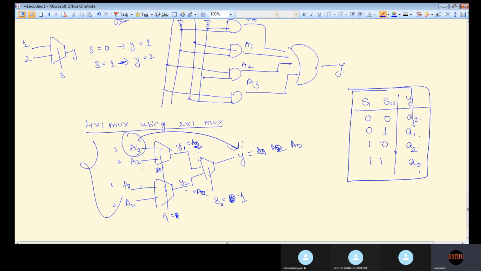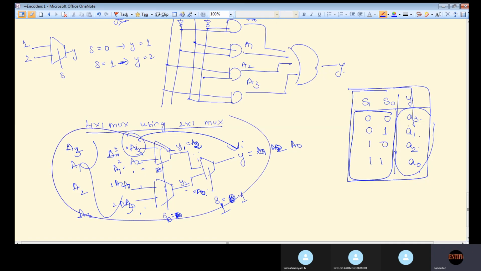Our output completely depends upon the select line. So you can change the select lines, either put S0 S1, or change the input. These values A3 A2 A1 A0, put them as A0 A1 A2 A3, or you can keep A3 A1 here and A2 A0 here. Anything you can do. But my only intention is that the MUX should give only one output.